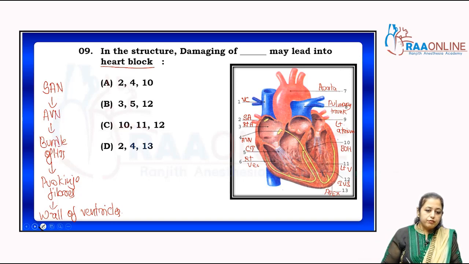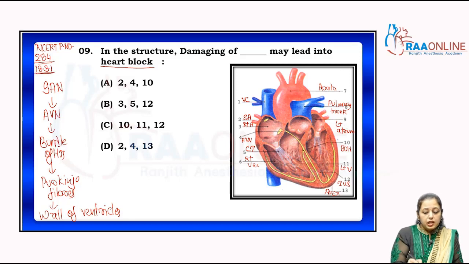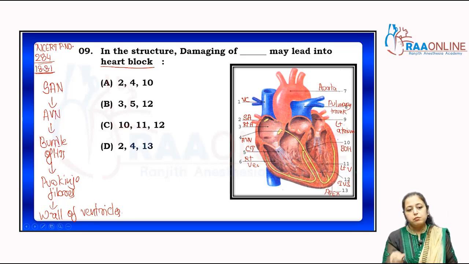Now see, from where does that question arise? In NCERT, page number 284, topic number 18.3.1, where in the last paragraph some lines are given about the action potential and the nodal system.